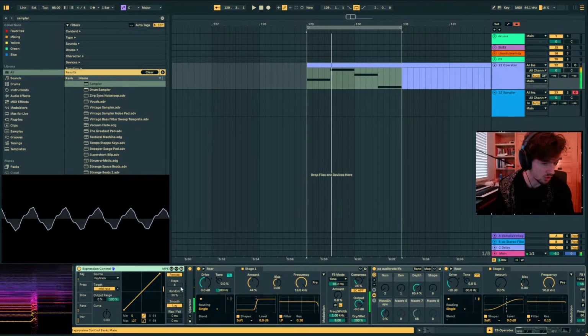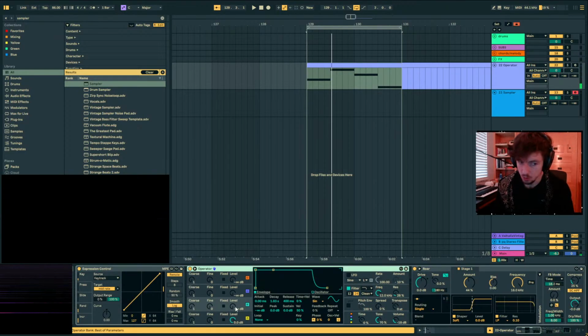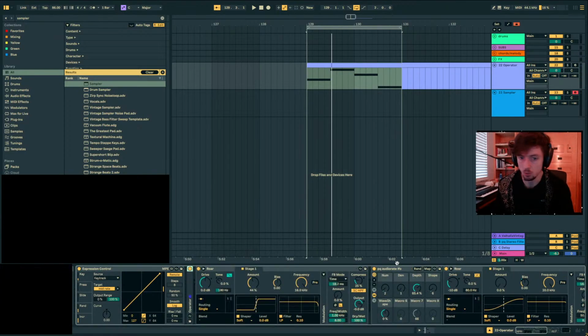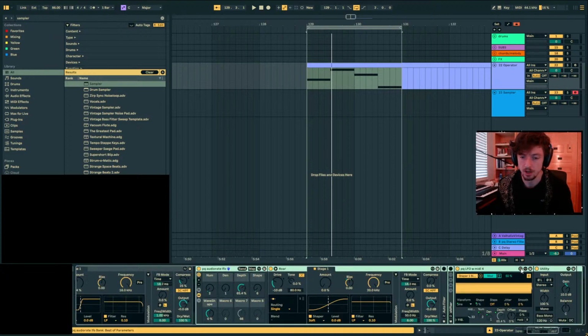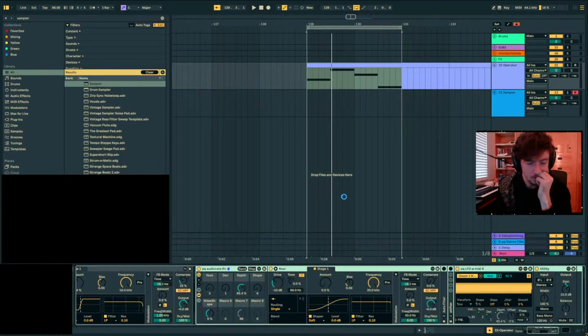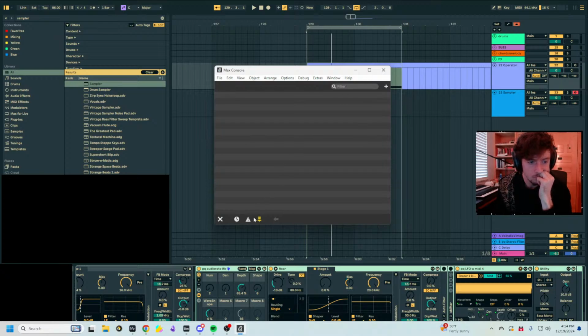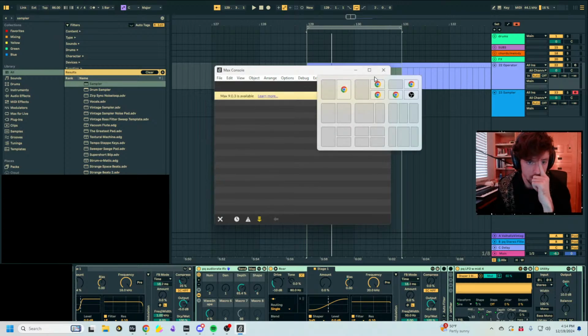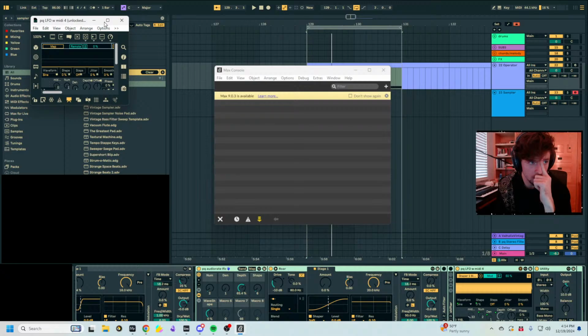My dream would be to have an operator-like UI, and if it could work at a higher sample rate. Now, I don't think I'm going to figure this out, but if we open this guy up in Max MSP, the way I did this is so hacky. I don't care.